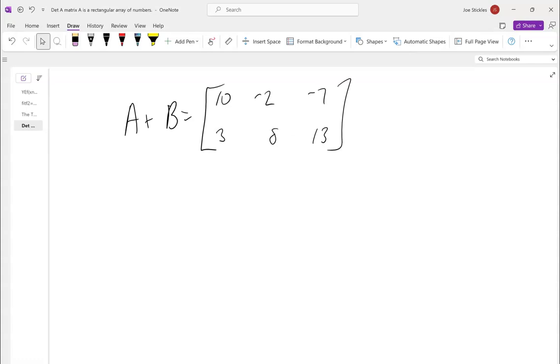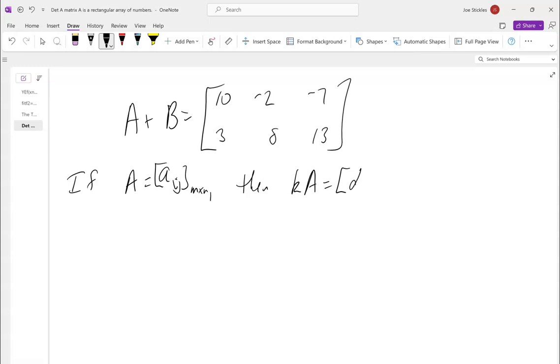Okay, so if A is the matrix A sub ij, then a scalar, I'll call it K, times A, and I know I'm writing it kind of strange, but again, I like to write it this way just for the proofs that we're going to do later.